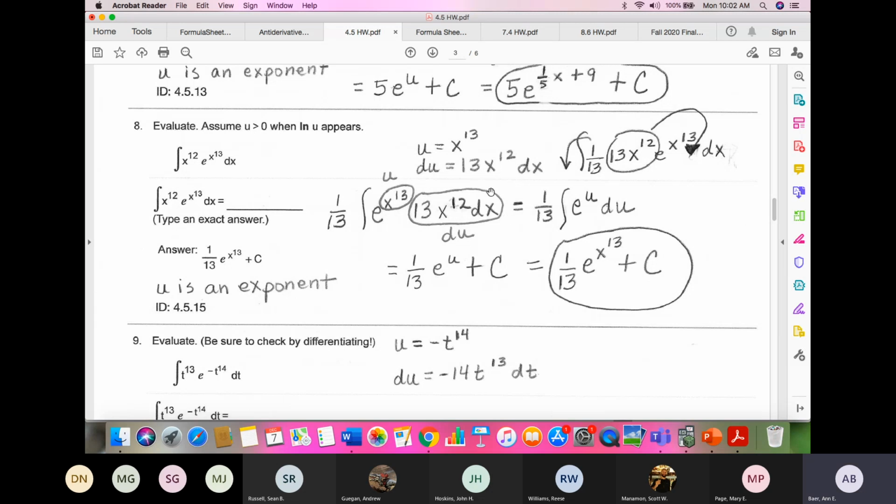So I wanted to match things up with what we've got up here as much as possible. So we know what x to the 13th is. It's just our u. And we know what 13x to the 12th dx is. That's just our du. So you have to match everything up.